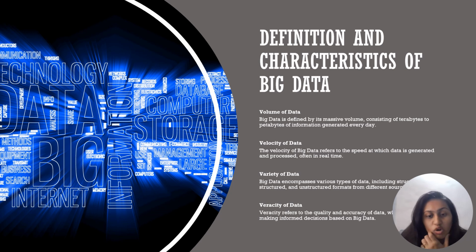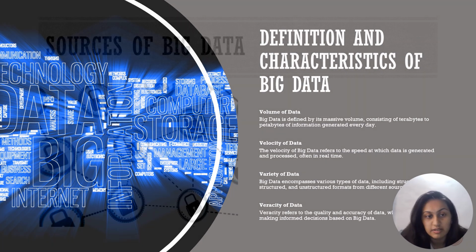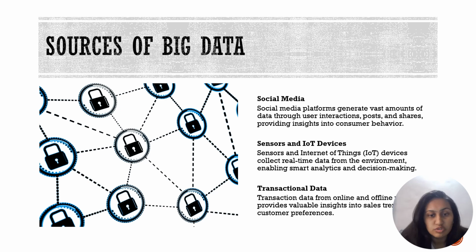Veracity of data refers to the quality and accuracy of data that is being produced. So these are the characteristics of big data, and as the name suggests, it is huge, so it is big data.